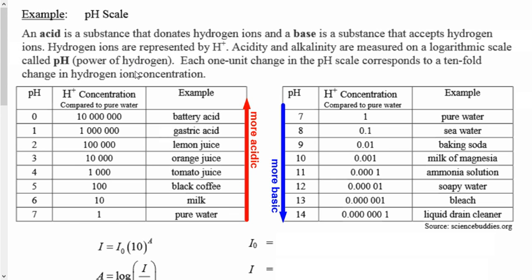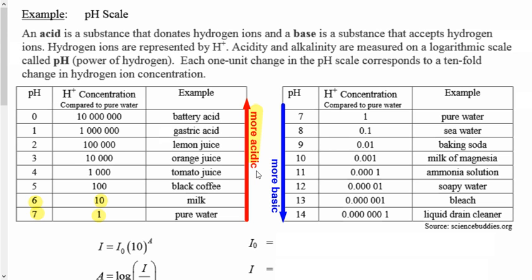If we look at pure water, it would have a pH value of 7. So we'd say that's pretty neutral, and we could say the hydrogen ion concentration is 1. Milk would be 10 times as much concentration, and the pH number decreases by 1. So as pH decreases, our substance becomes more acidic.